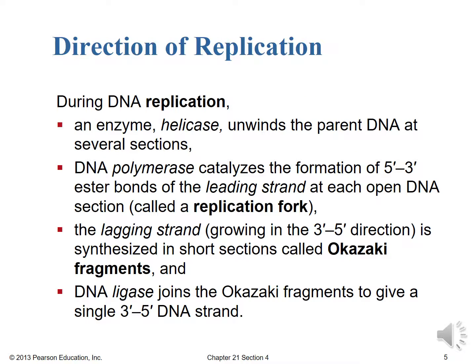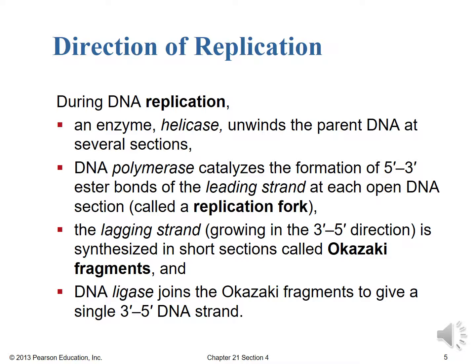During DNA replication, we get an enzyme, helicase, that unwinds the parent DNA at several sections. So we're not doing this one at a time, we're doing it in several spots. The DNA polymerase catalyzes the formation of 5' to 3' ester bonds of the leading strand at each of those open DNA sections. These are referred to as replication forks.